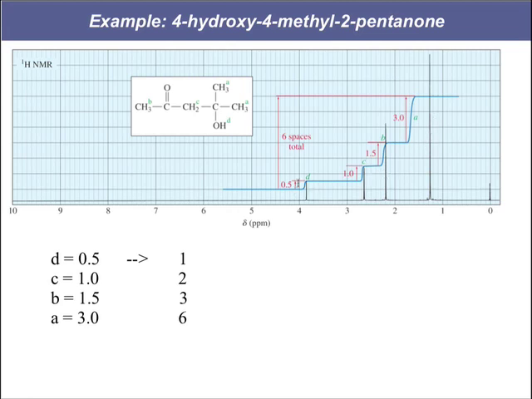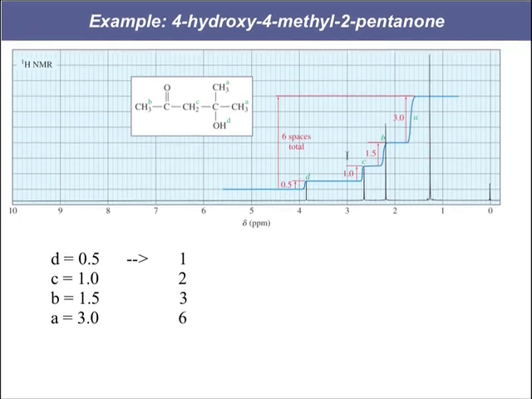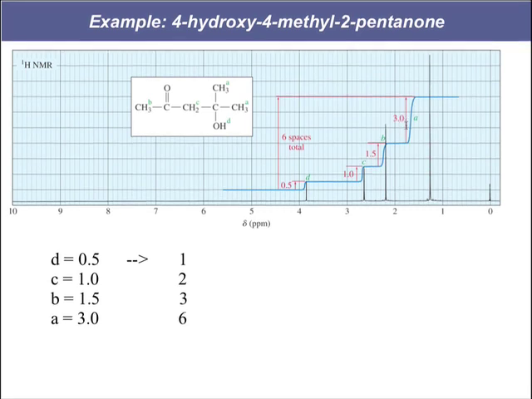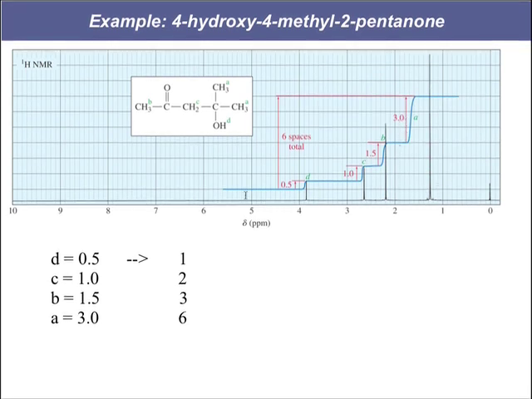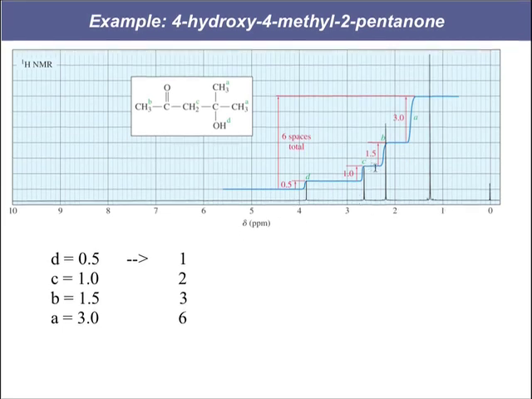We've got integrations, which tell us how many hydrogens are in each environment. From our integration, we can infer that we've got 1 hydrogen in our D environment, 2 hydrogens in our C environment, 3 hydrogens in our B environment, and 6 hydrogens in our A environment. Then we can look at the chemical shifts. And from that, we can figure out what those environments might be, or generally speaking, where they might show up.